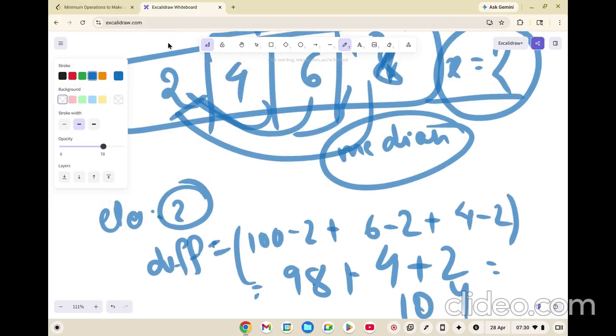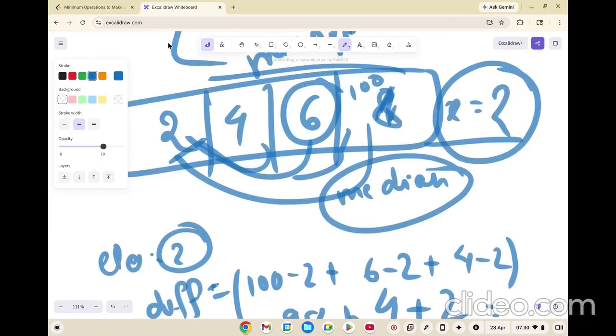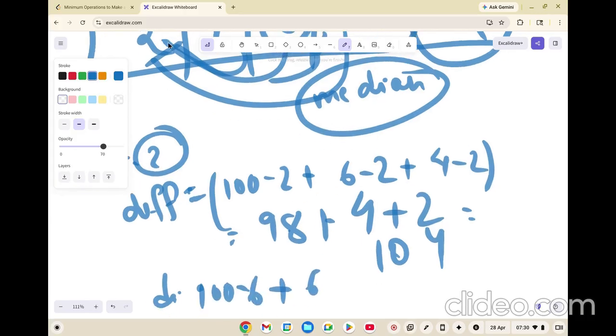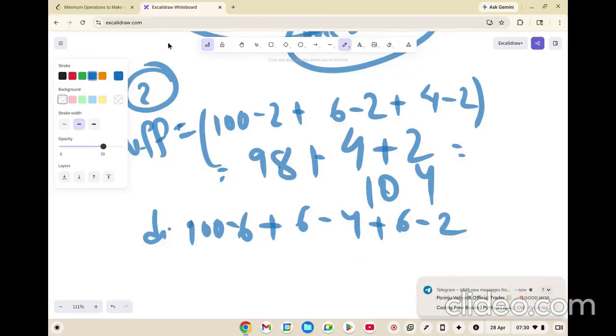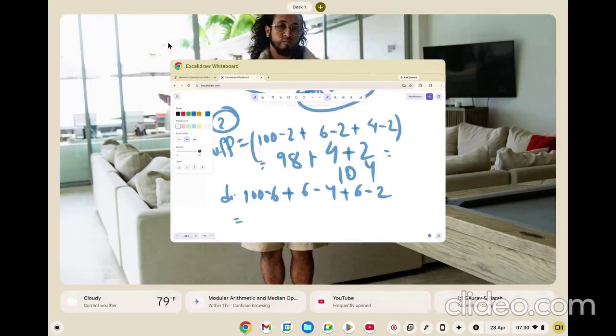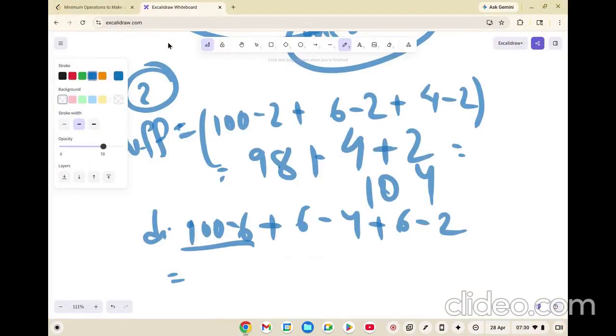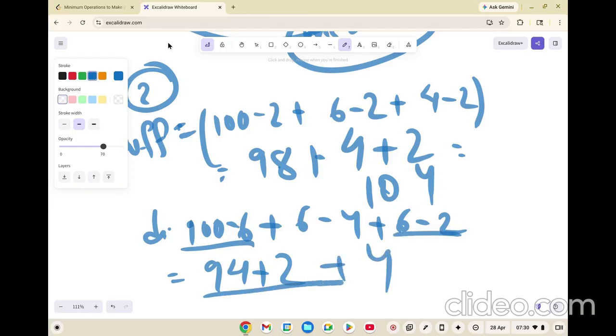Now let's try to make every element 6. The difference will be 100 minus 6 plus 6 minus 6, 0, plus 6 minus 4, 2. I'm taking the absolute difference. So the difference will be 94 plus 2 plus 4, which is 100. See, the difference came down by a bit.